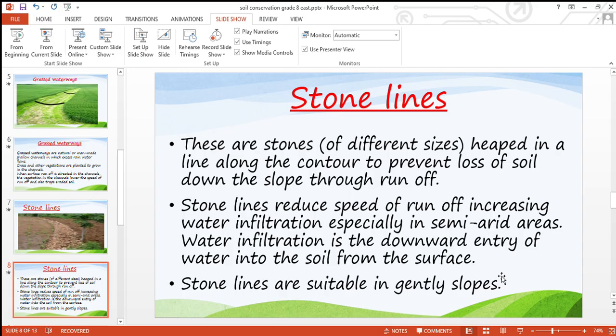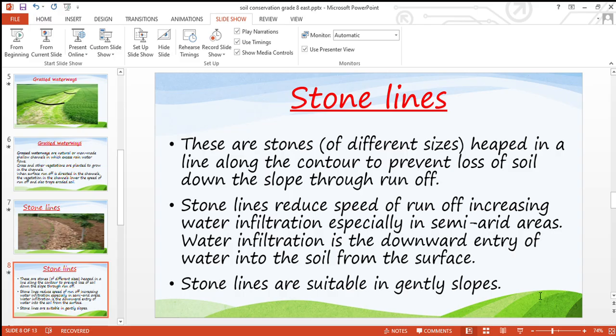And yesterday you saw what it means when we are talking about along the contour. Are we together? Yes. And we have seen that the main reason is to do what? To prevent loss of soil down the slope through the runoff.